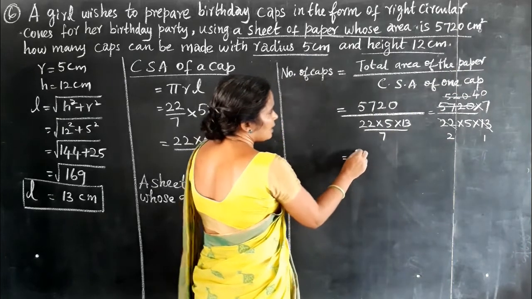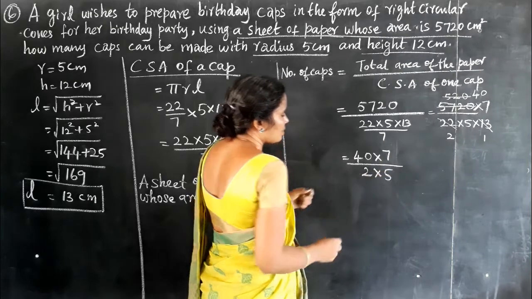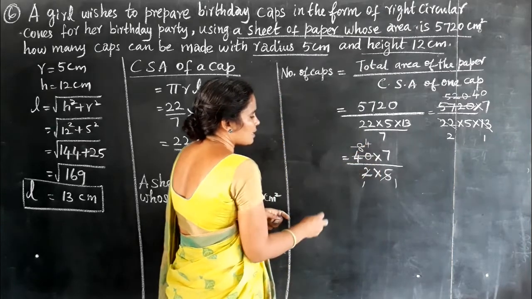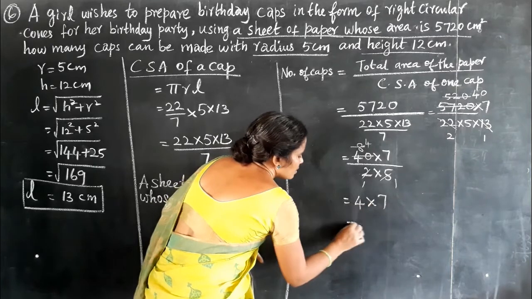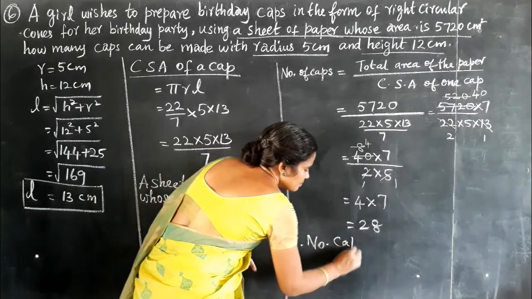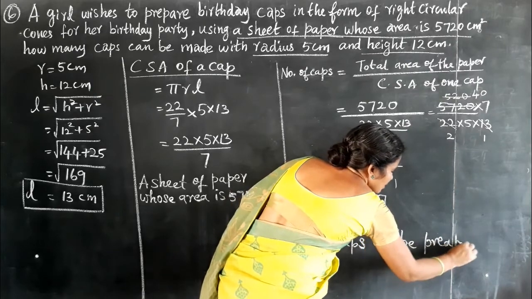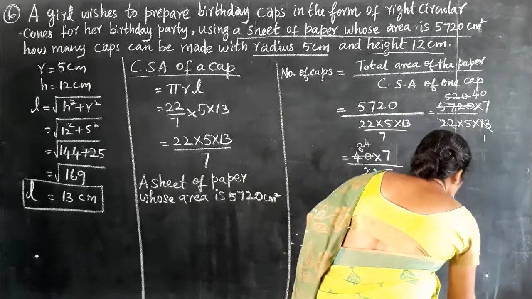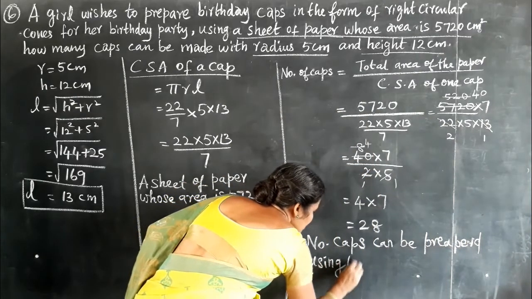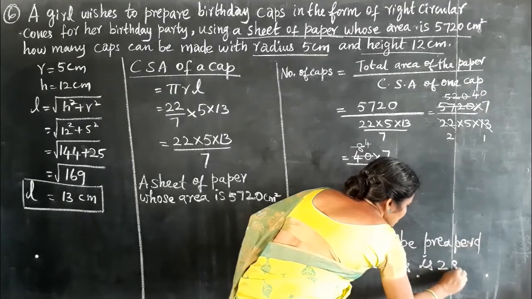So in the next step we can rewrite as 40 into 7 divided by 2 into 5. So 4 into 7 is equal to 28. So therefore the number of caps that can be prepared using the sheet is 28.